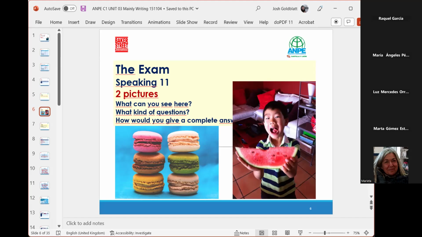The children always want to consume the sweets and candies and ice cream, but the best option is the fruits, and in this case is the watermelon. And you can talk about healthy children habits.